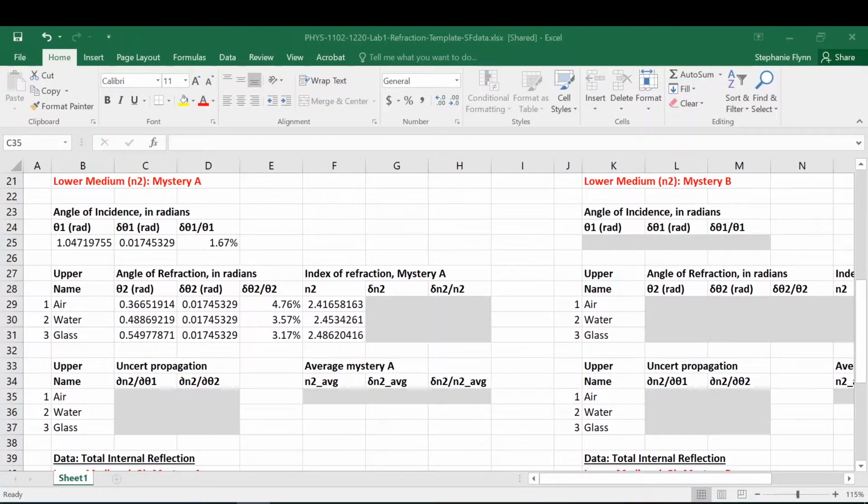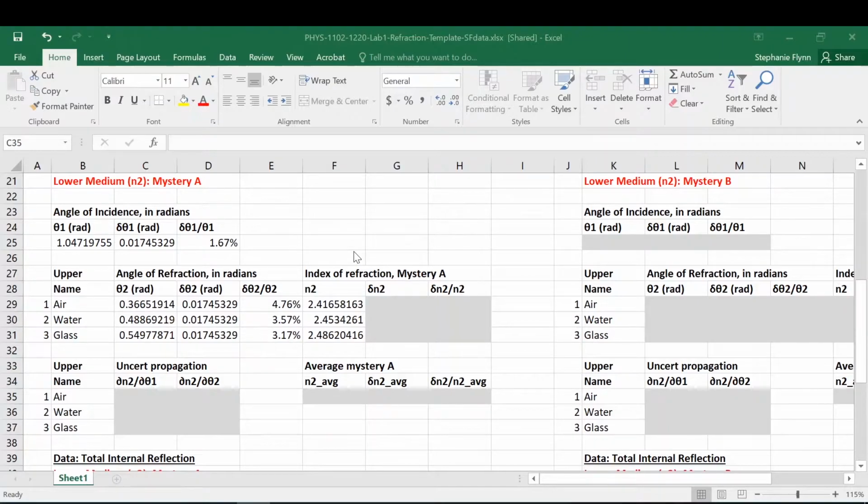So we just looked at how to use calculus to determine the uncertainty propagation formula for the index of refraction n2 for the mystery medium. And that resulted in quite a lot of trigonometric functions being used.